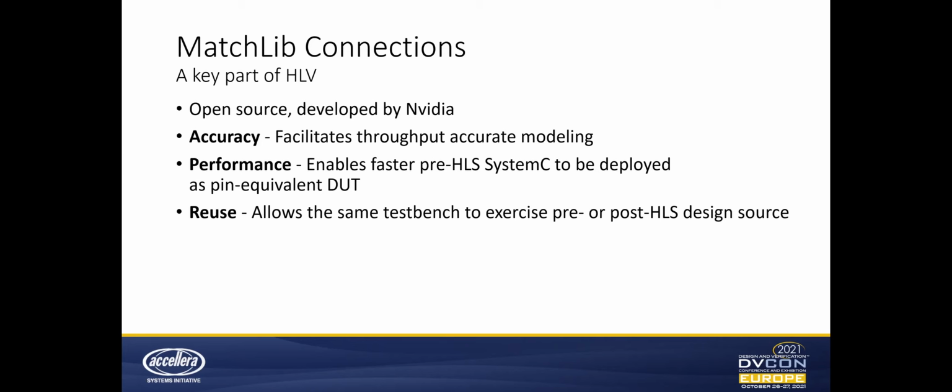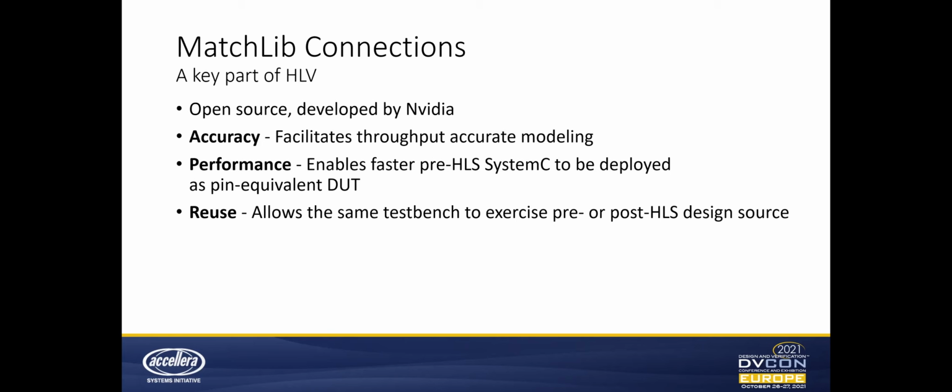And why is Matchlib a key part of our HLS flow? Well, several things. Firstly, Connections allows us to verify system-level performance and functionality in SystemC. We can accurately model throughput and latency without having to drop down to the RTL level, meaning we can carry out most of our functional verification efforts against our pre-HLS design with a much higher level of performance.